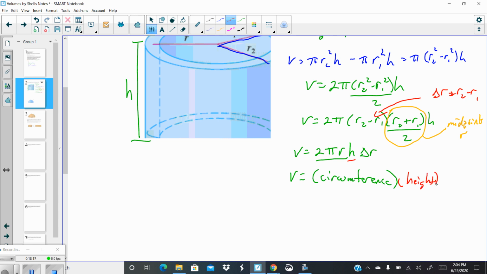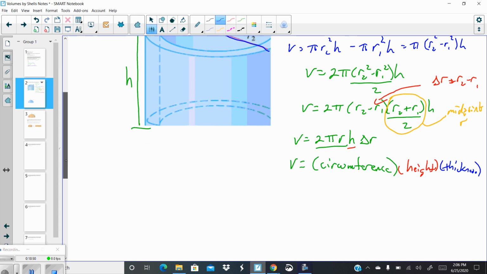And then the delta R is your thickness. So when you want to find the volume of these cylindrical shells, it is the circumference of the shell times the height times the thickness. 2 pi R h delta R. And what we're going to have to be able to do is figure out what R and H and delta R are, because 2 pi is just the constant. So that's what we're going to talk about next.